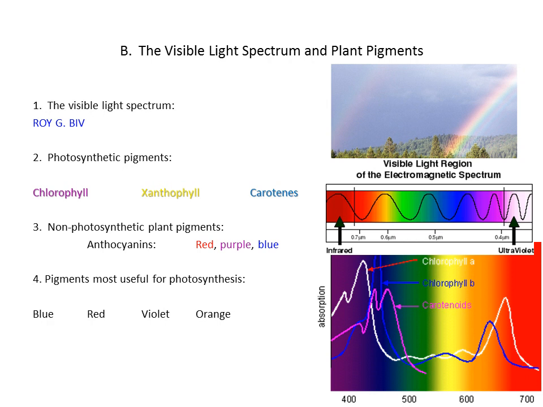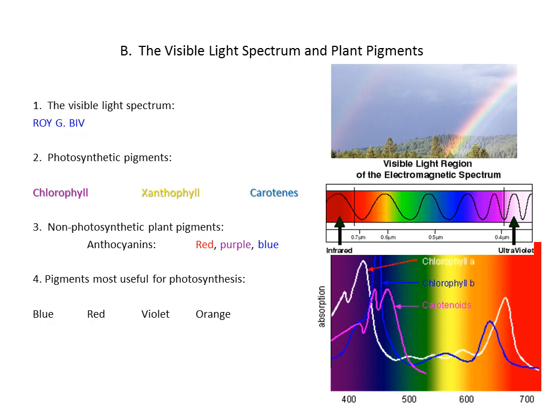Okay, so the way that photosynthesis is engineered in nature is it uses a set of pigments to absorb the light and transfer those activated electrons to other molecules. And so it does this using light from the visible spectrum.